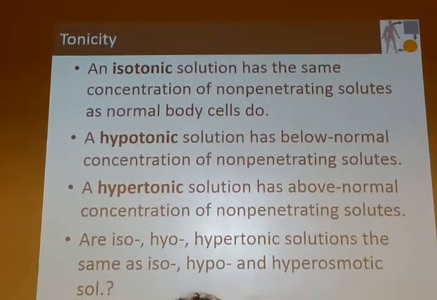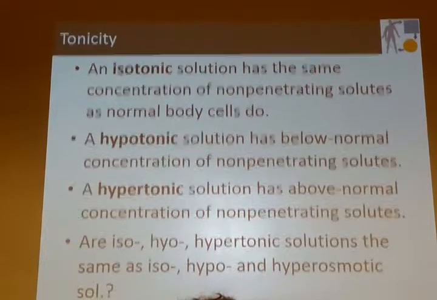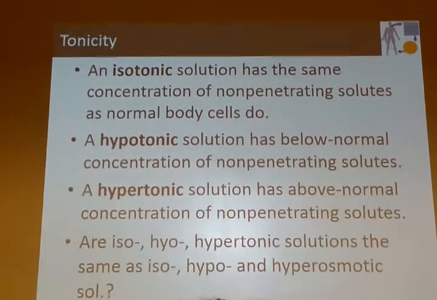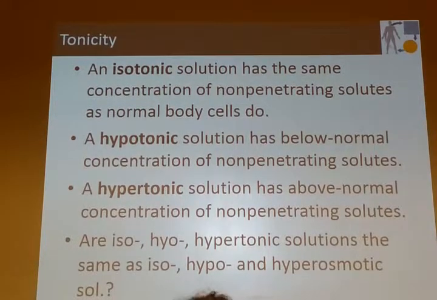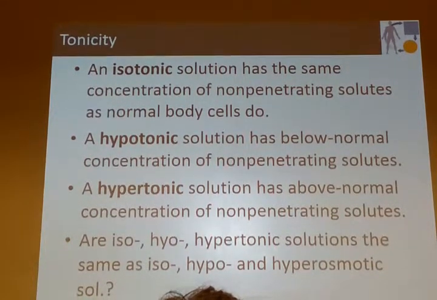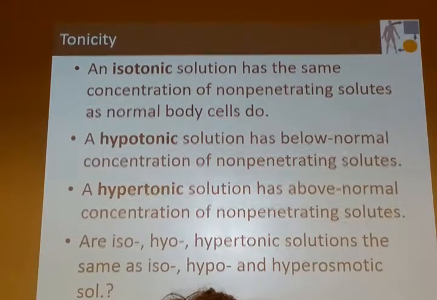Okay, we got an isotonic solution. And I asked you, what concentration does this isotonic solution have to have so there's no water movement across the cell membrane? 0.3 molar or 300 milliosmoles.